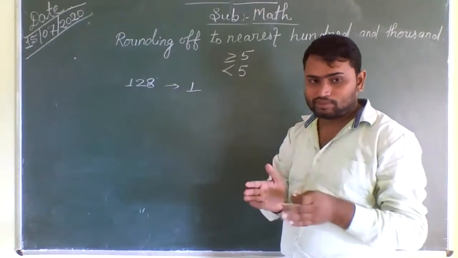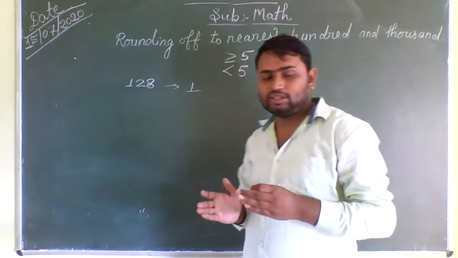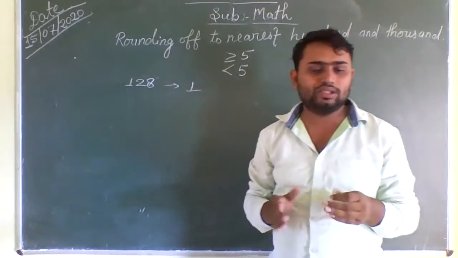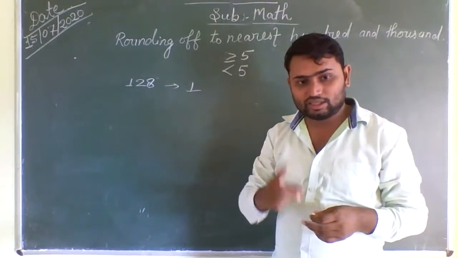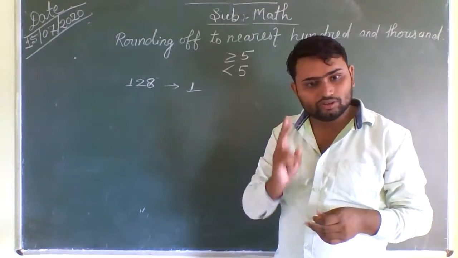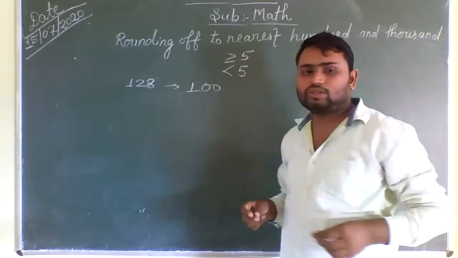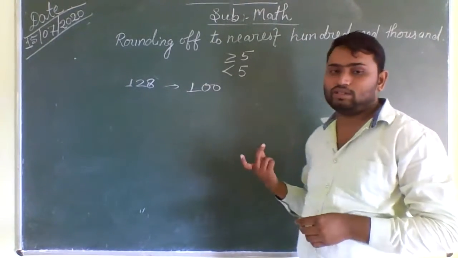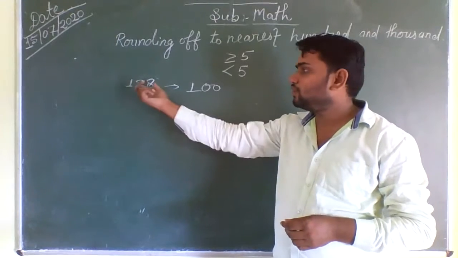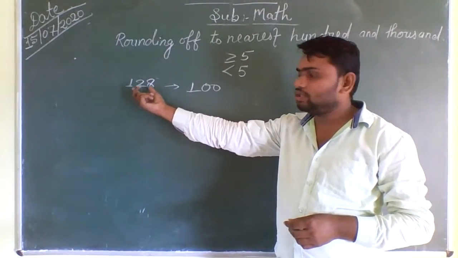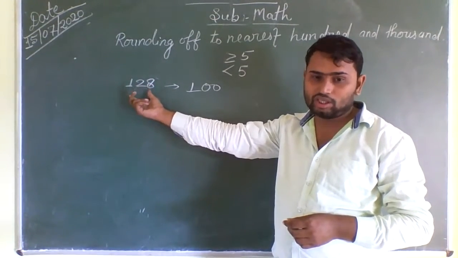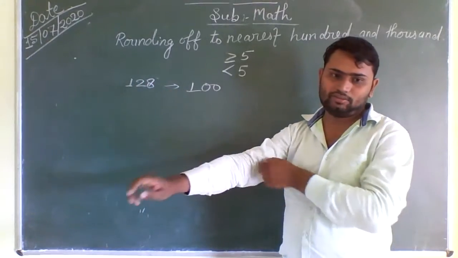After writing the hundreds digit, we will put two zeros. So the number that we get is 100. The nearest hundred of 128 will be 100.